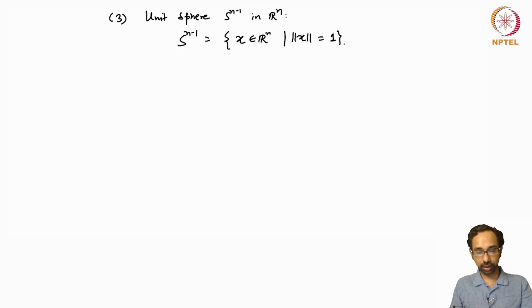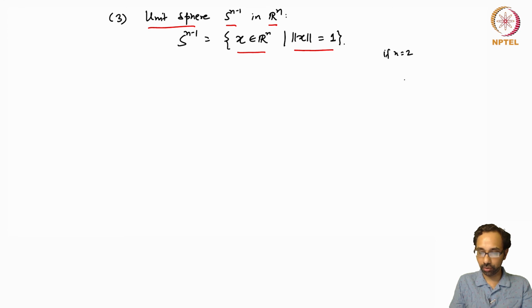Now let us see another example of a path connected space, and this is given by the unit sphere Sn-1 in Rn. What is Sn-1? It is the set of all points in Rn with norm exactly equal to 1. For example, if n equals 2 in R2, this is nothing but the unit circle, with center 0 and radius 1.